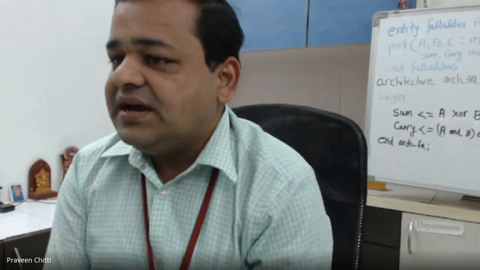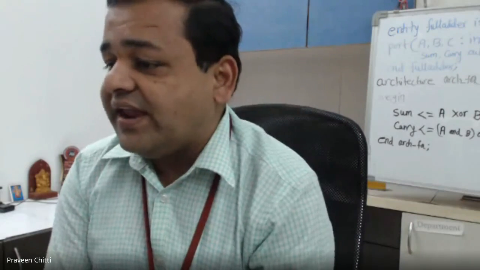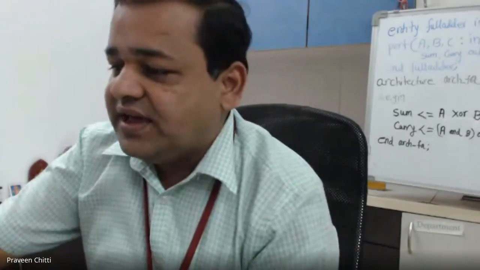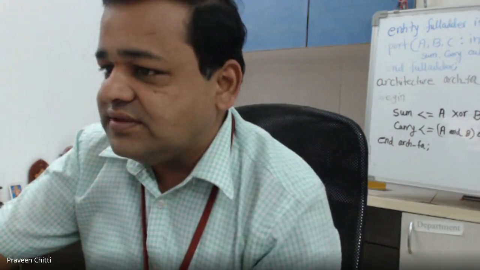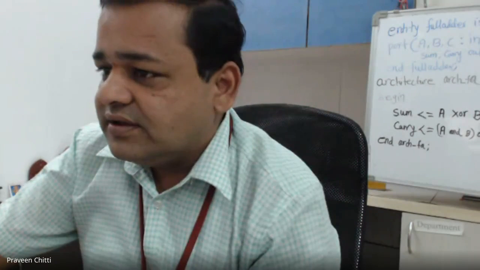And there may be input carry, which can be considered as 0 or carry in. And then we should have 4-bit sum, and there should be 1 single bit carry out. All these should be there in the block diagram of this particular design.